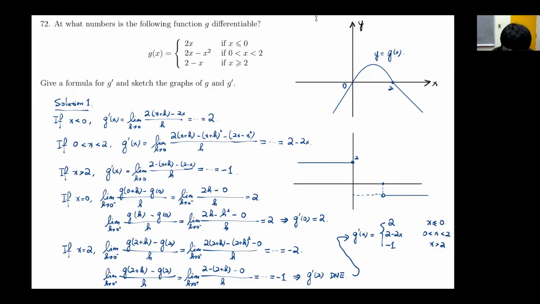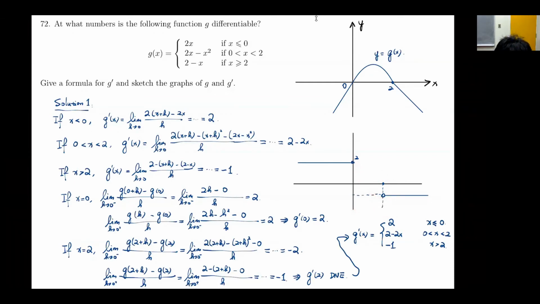And finally, in between, this is going to be 2 minus 2x. So it will pass through here, but with the slope being -2. So if you draw a line with slope -2 over here, then this is actually where it will pass. So the limit to the left of 2 is going to be equal to -2 over here. So roughly speaking, that's what we have.